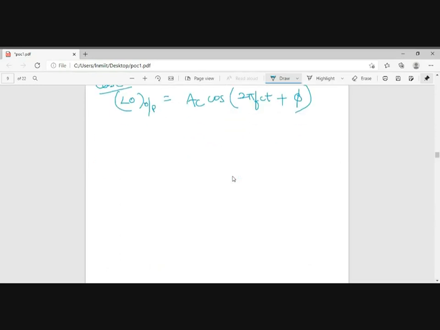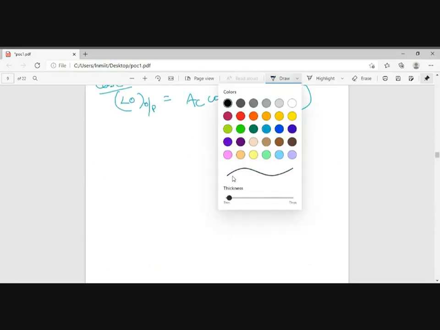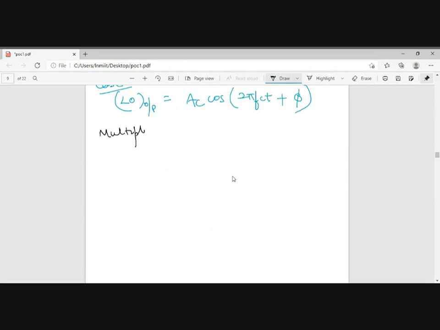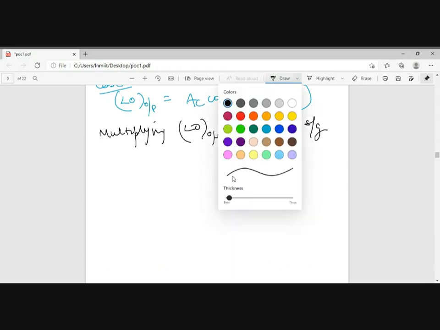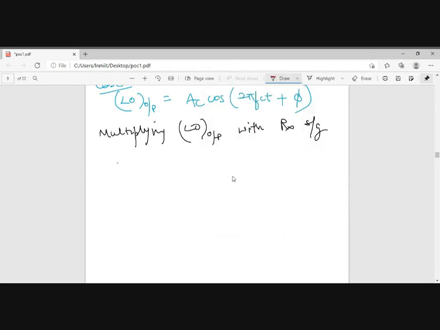Again we multiply the local oscillator output with the received signal. So p1(t) will be equal to Ac² m(t) cos(2πfct) cos(2πfct + φ).